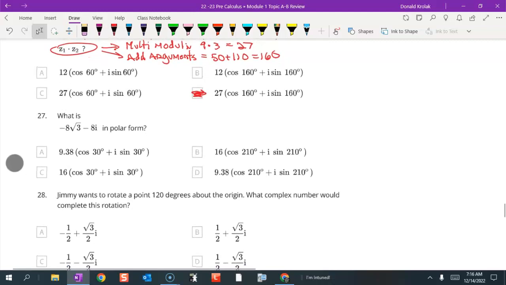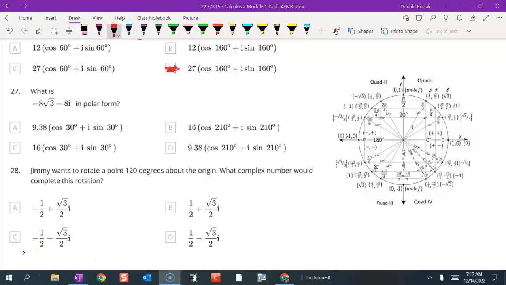Okay, all right. What is negative 8 root 3 minus 8i in polar form? Okay, so in polar form, I've got to figure out what the modulus is. So I've got negative 8 root 3 squared plus negative 8 squared. All right, now when I square negative 8 root 3, that's going to be negative 8 squared times root 3 squared, which is 64 times 3.